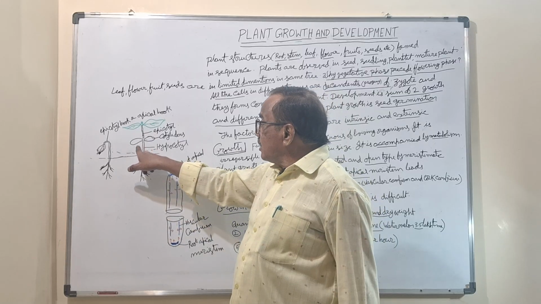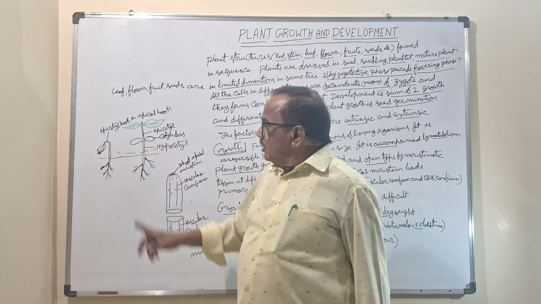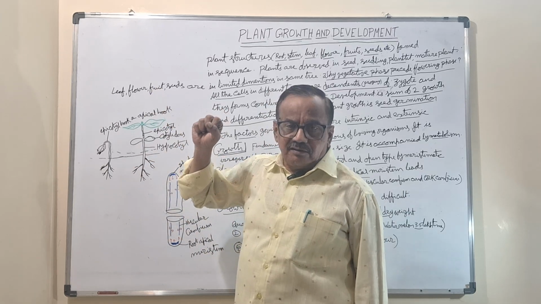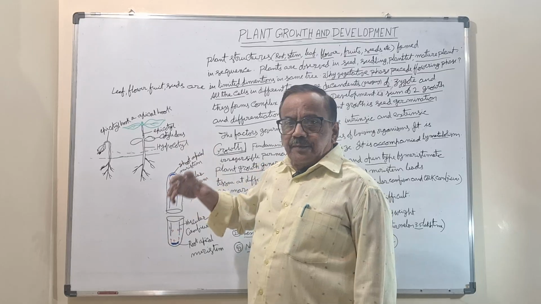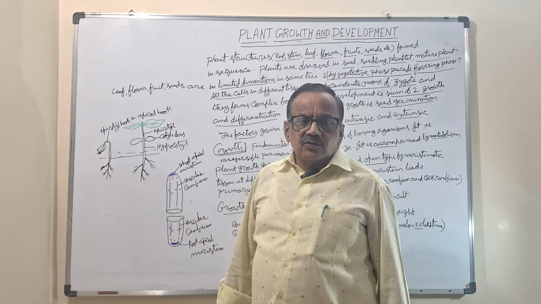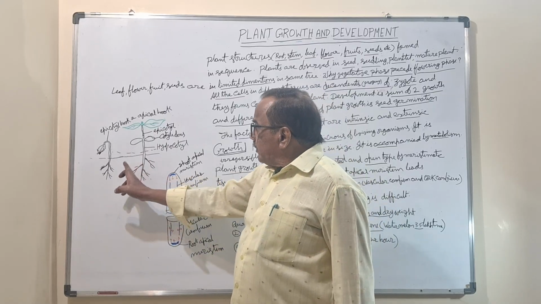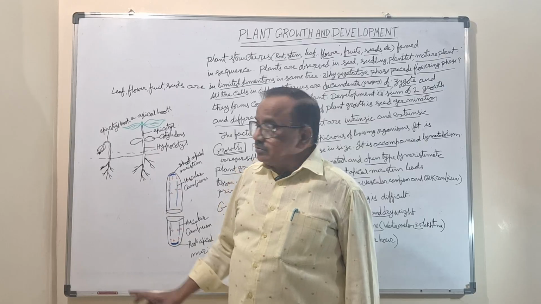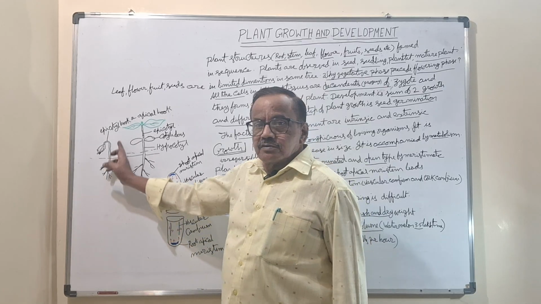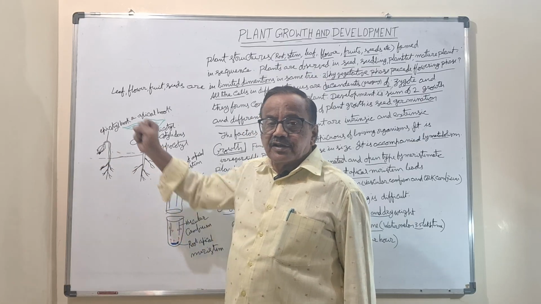The embryonal axis consists of cotyledons, plumule, and radicle. Cotyledons coming out is called epigeal germination. In hypogeal germination, it germinates underground only and comes out, which is different. So whenever it is coming out, the hypocotyl used to push the embryonal axis onto the surface of the land.